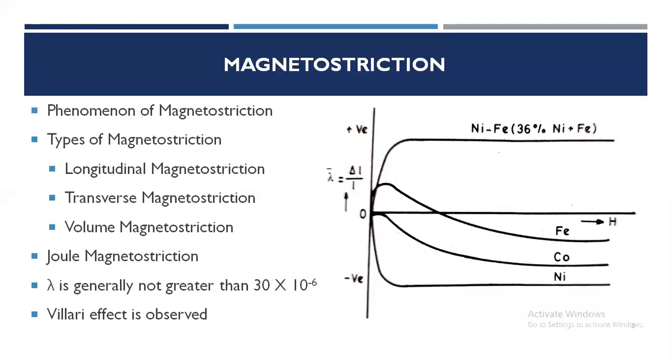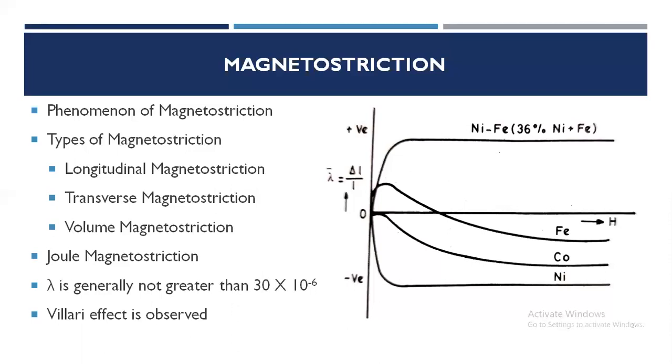The converse of the magnetostriction effect is called the Villari effect. The Villari effect is a change in magnetic susceptibility of a material when subjected to mechanical stress. So magnetostriction and the Villari effect are opposite to each other.